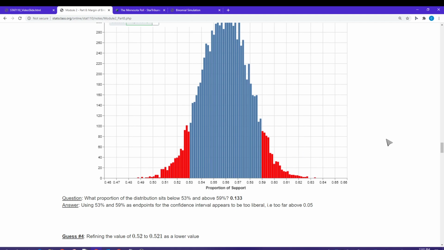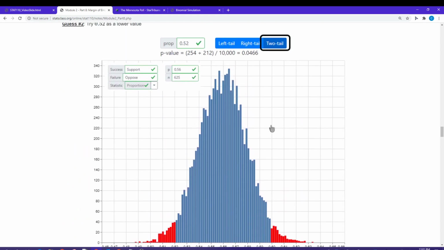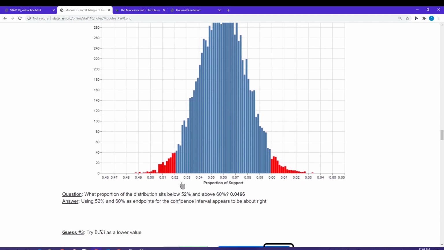That would be too liberal of a cutoff. So I think our best guess is a lower endpoint of 0.52 and an upper endpoint of 0.60.